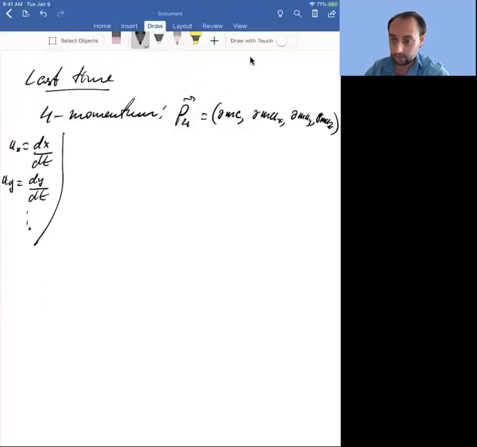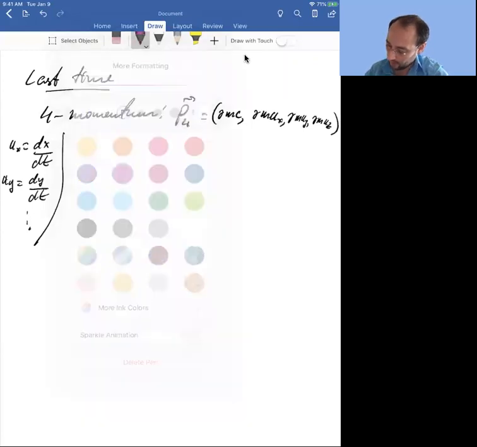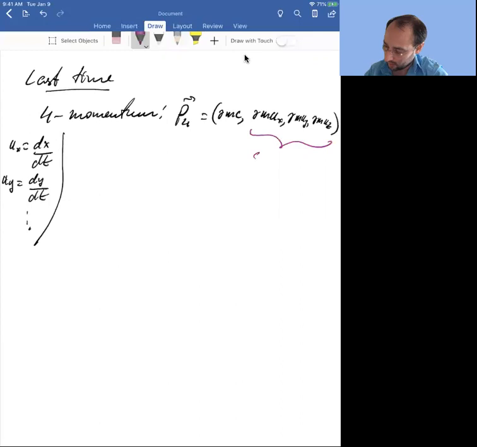And I want to clean this up a little bit. So the spatial part of the four-momentum is called relativistic momentum.